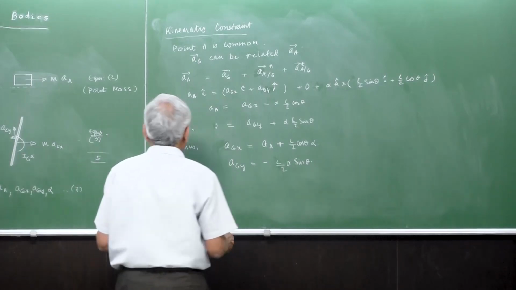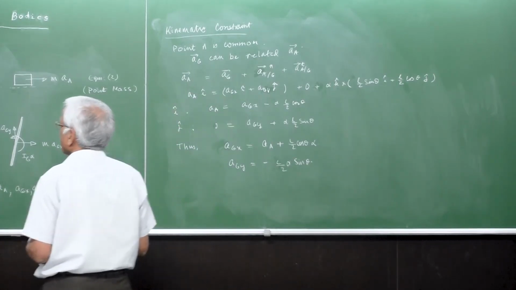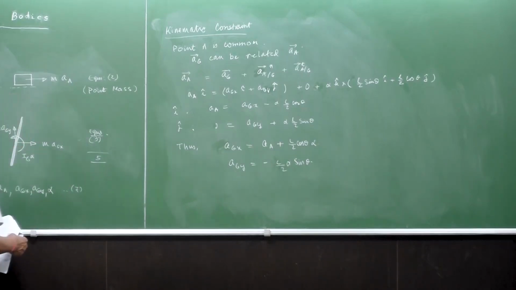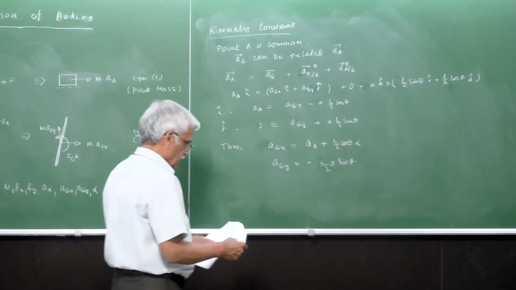Okay, so these are two additional equations which we got. So this is in addition to our 3 plus 2 equilibrium equations, right?